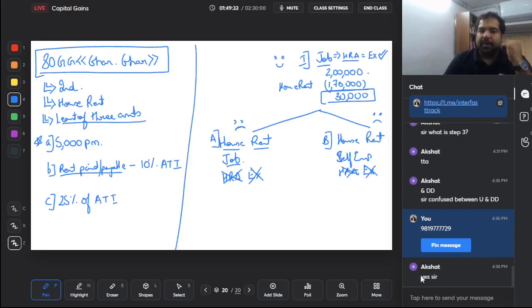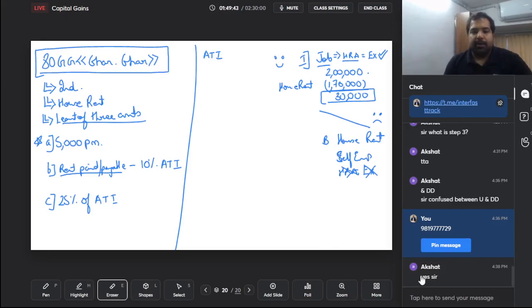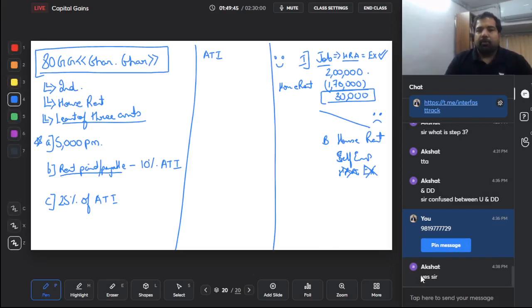They said ATI basically means, as the government says, let me tell you what is adjusted total income. Whatever is your available GTI, not your total GTI, guys, only available. If you remember, from 13 lakh 40, only 10 lakh was available GTI.